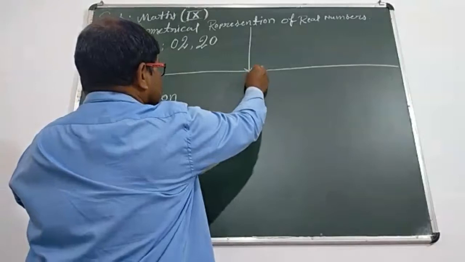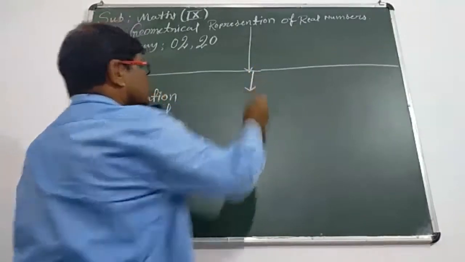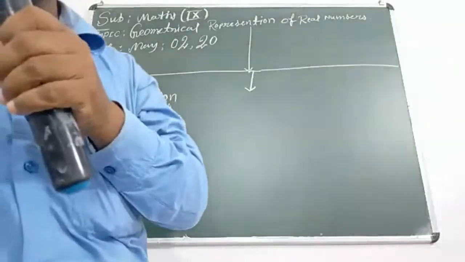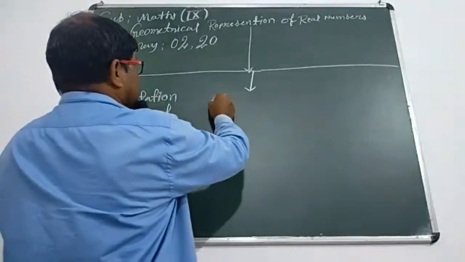Second, representation of real number on the number line.